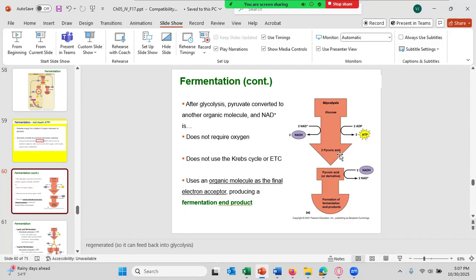That's where the electrons go. And then that molecule is converted into the fermentation end product, which for lactic acid fermentation would be lactic acid. And that will be just one chemical reaction after making pyruvic acid.